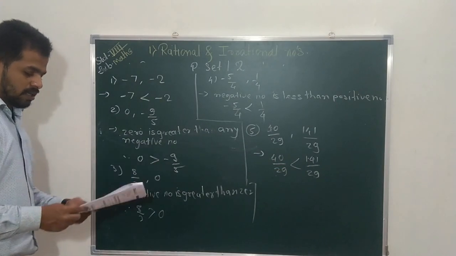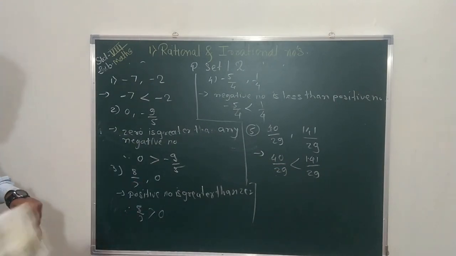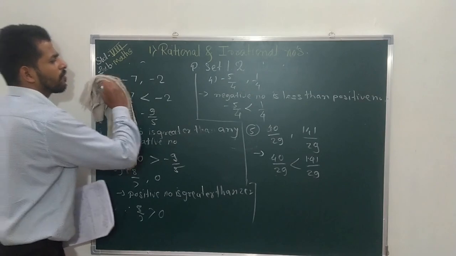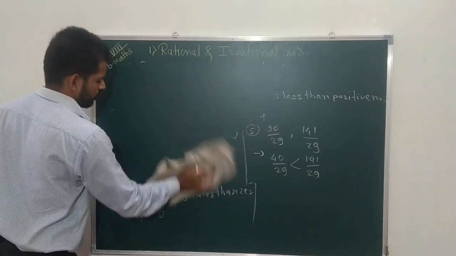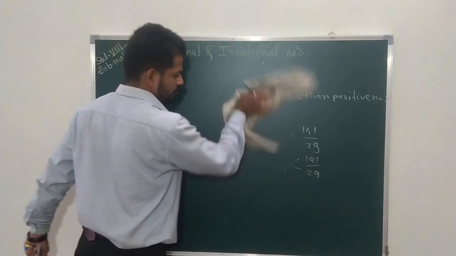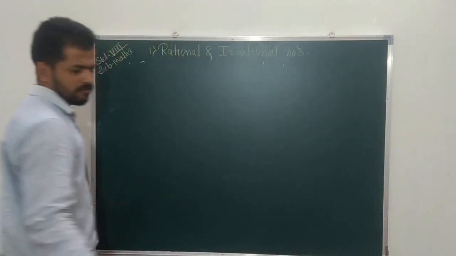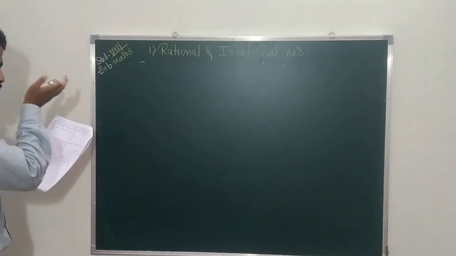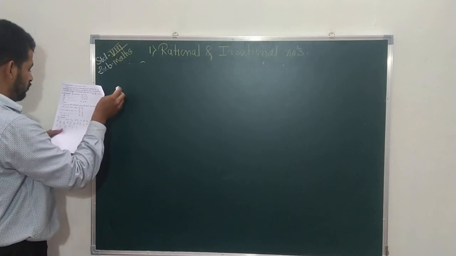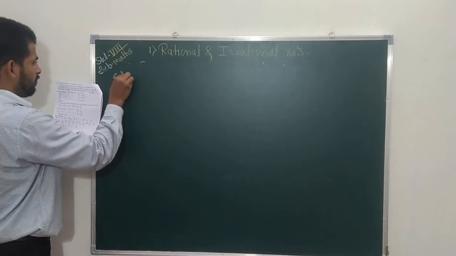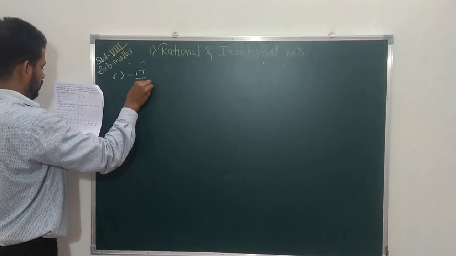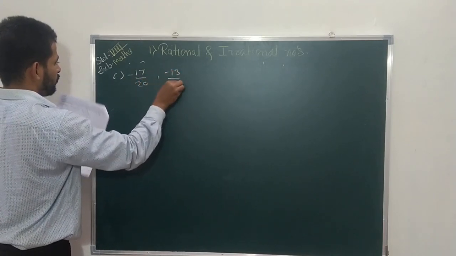Next number is there. Six, minus 17 upon 20 and minus 13 upon 20.